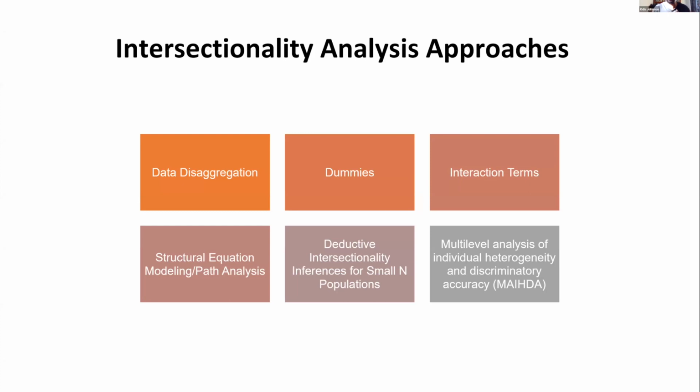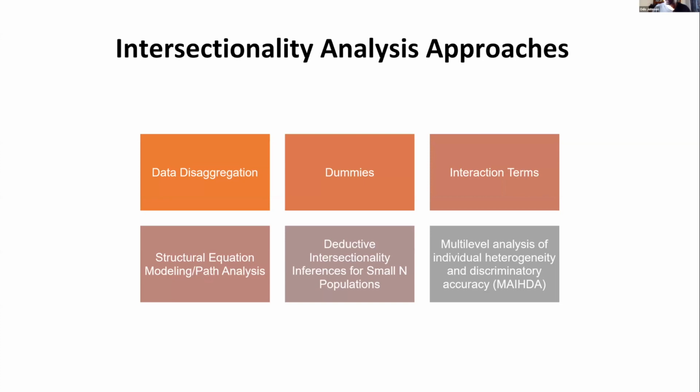One would be data disaggregation, another would be dummies, interaction terms, structural equation modeling, path analysis, deductive intersectional inferences, and multi-level analysis of individual heterogeneity and discriminatory accuracy. And that's like the new thing that's out.